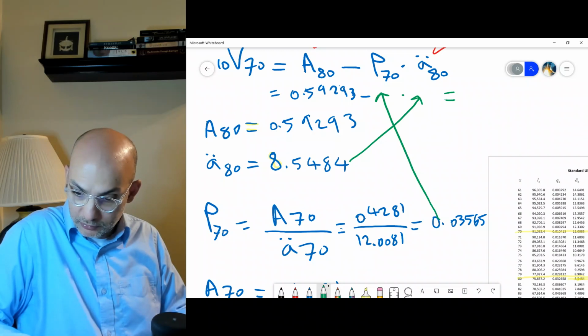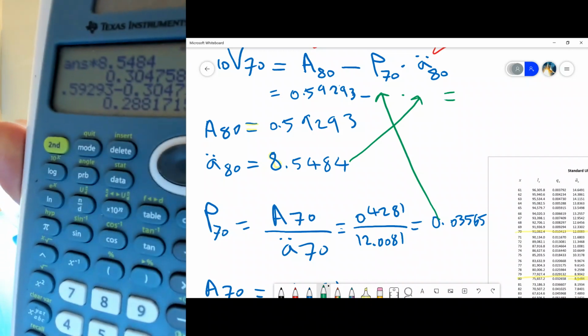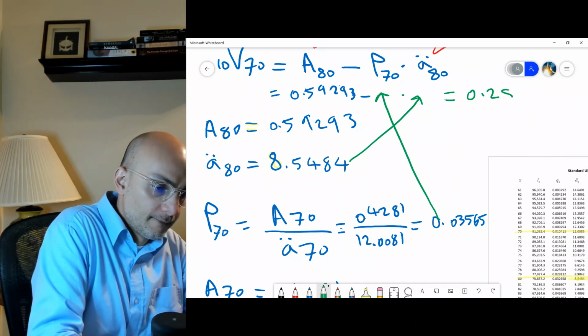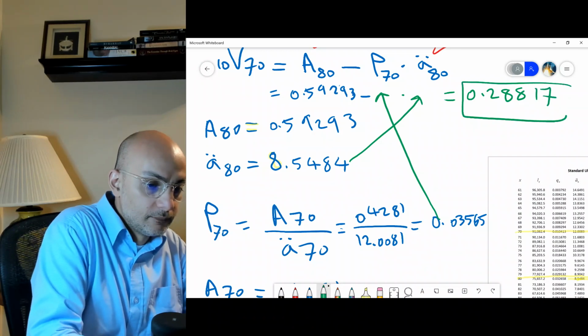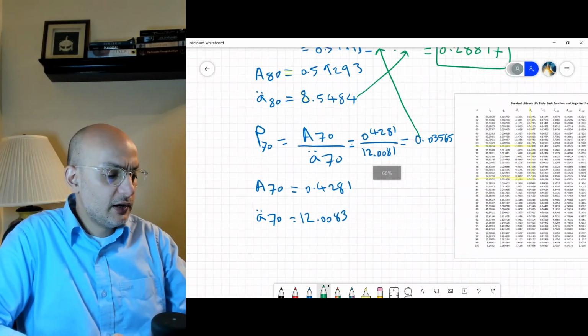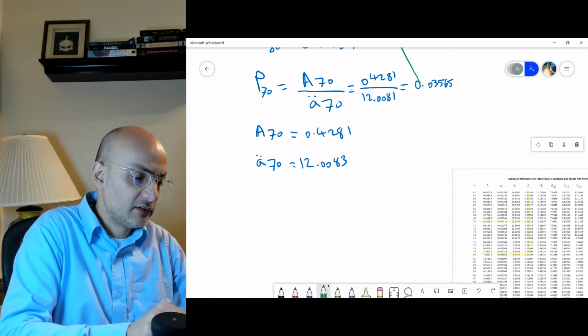I also already calculated it. Yeah, it's what I got here, 0.28817. Okay. Yeah, so it's really not very difficult, but let's take another one on the variance, right?